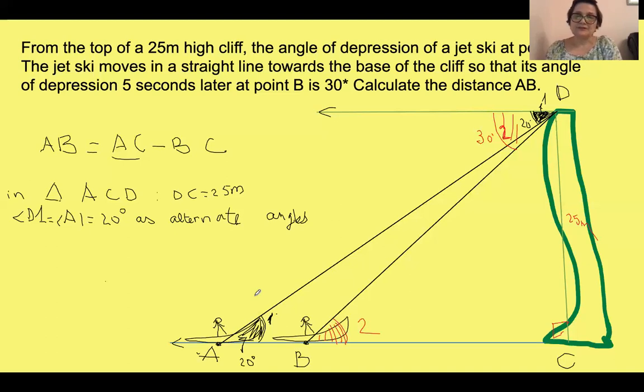All right, so we can have a look at the big triangle, the triangle ACD. We have the angle, and the opposite side, 25 meters, so we can calculate the adjacent, which is AC. Let's find out.